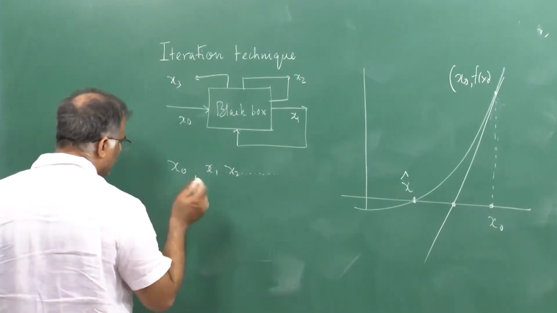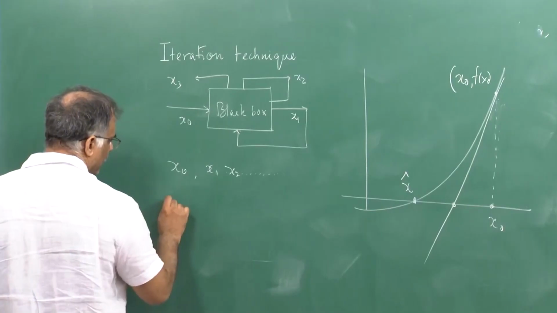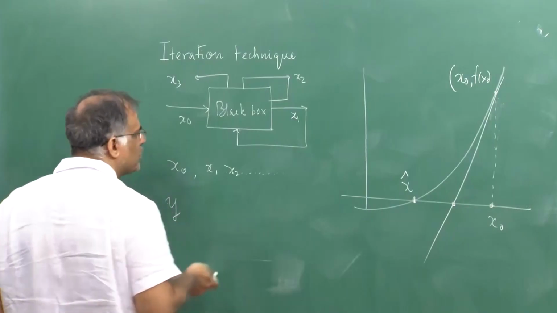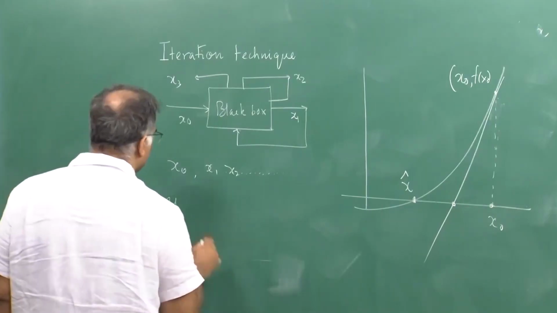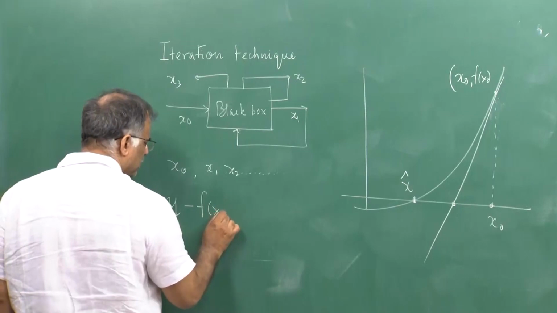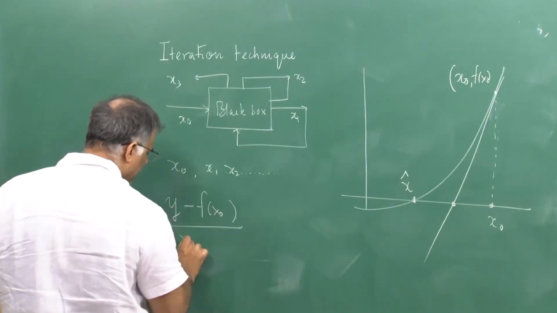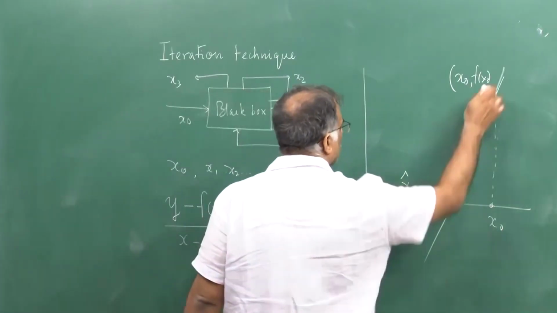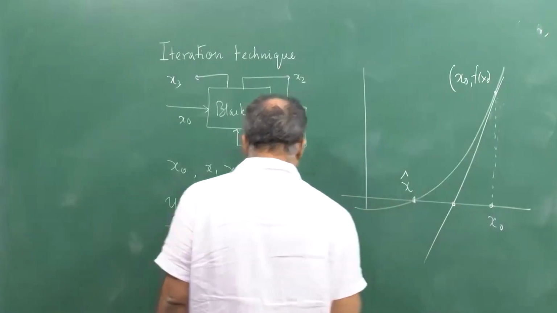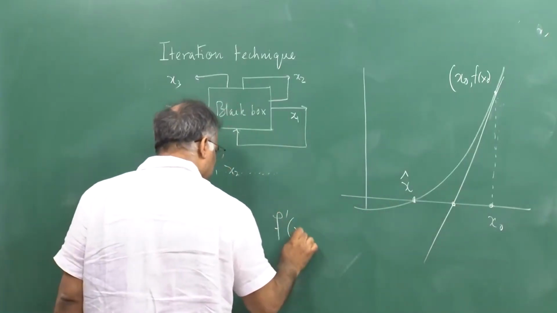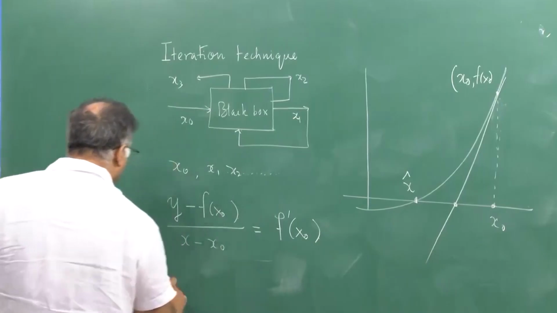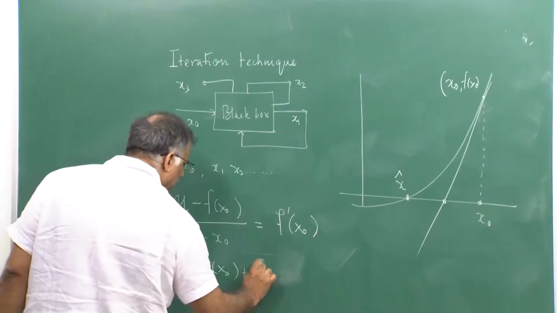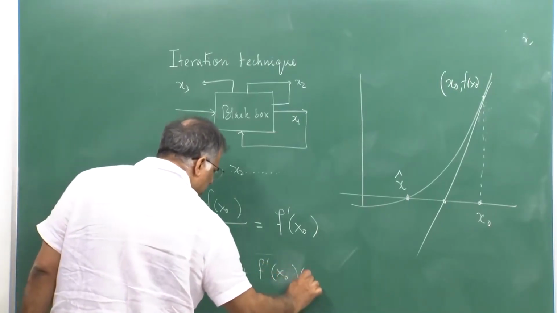The slope is (y minus f(x0)) by (x minus x0), and the slope of the tangent passing through (x0, f(x0)) is nothing but the derivative at x0. So, y is equal to f(x0) plus f dash x0 into (x minus x0).